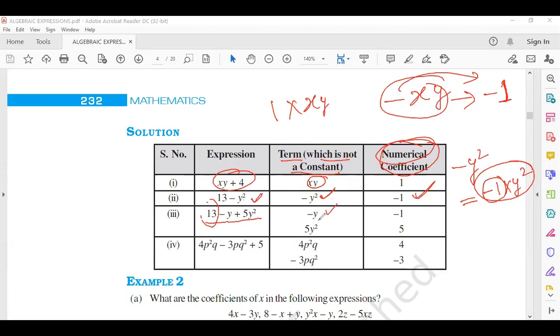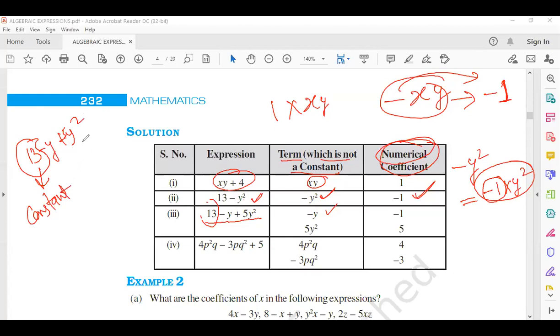Only the term which contains numerical values, nothing else. There are no variables in that term. That term will be known as constant term. That means in 13 minus y square plus y square plus 5y square, this is the term where there is no variable, so this is known as constant term.